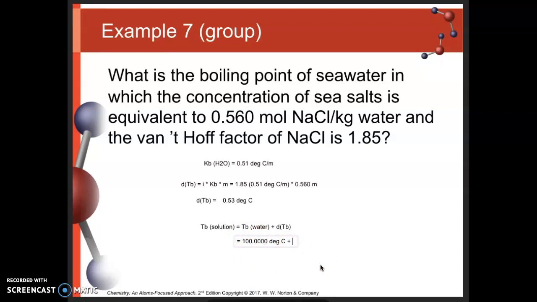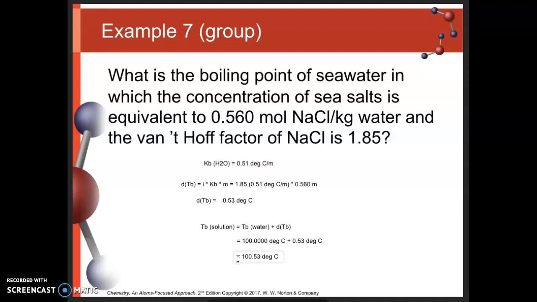The boiling point elevation we just determined was 0.53 degrees Celsius. So our anticipated boiling point would be 100.53 degrees Celsius.